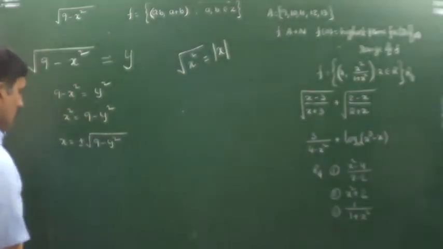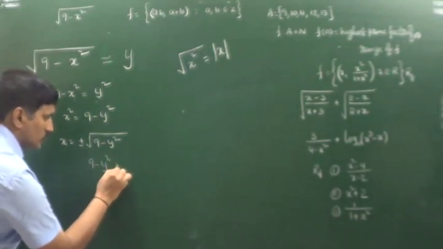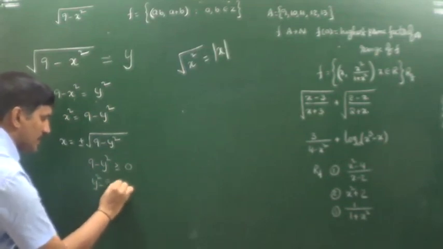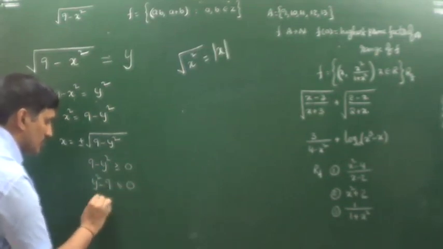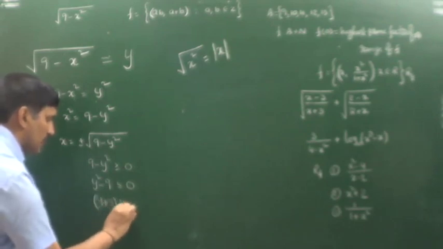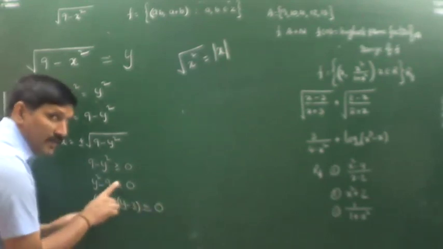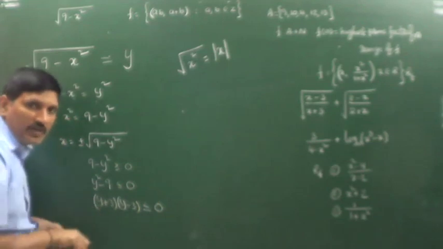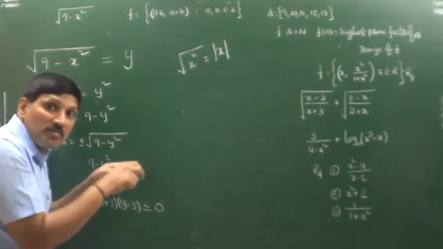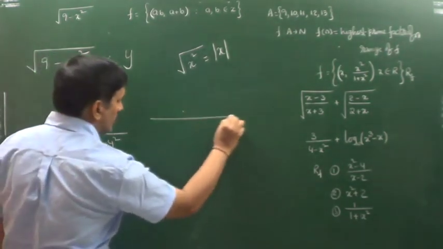Right. So now 9 minus y square greater than or equal to 0. So we are getting y square minus 9 less than or equal to 0. Factorization: y plus 3 into y minus 3 less than or equal to 0. The y values are nothing but the range of the function. We have to find out the range for that function. Range is nothing but the values of y we have to find out. So this is the information we got.